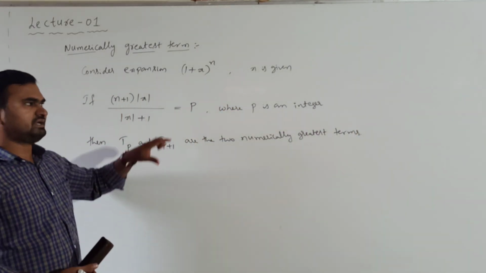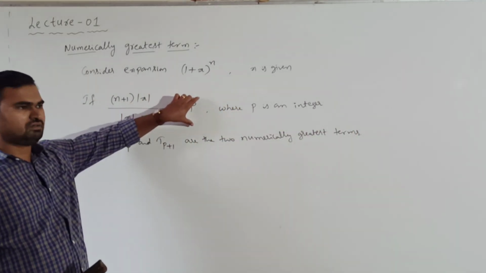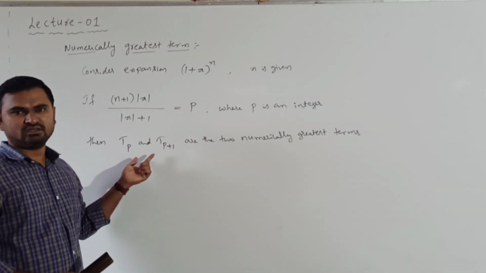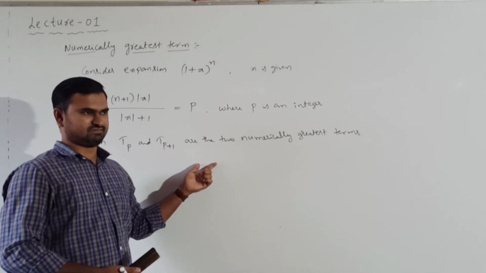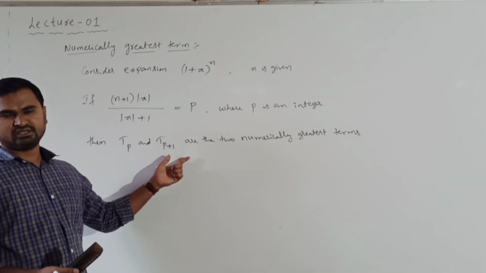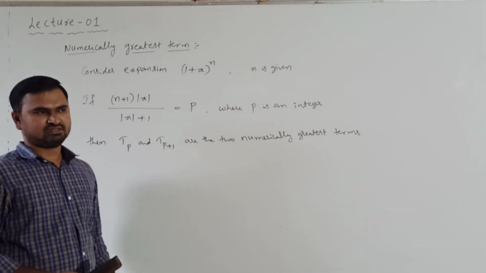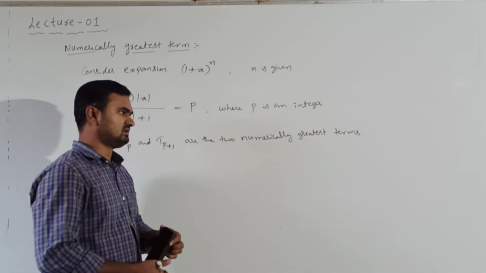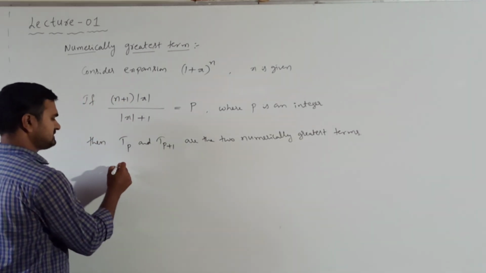Okay, if it is some integer p, then we are getting two numerically greatest terms, that is t_p and t_(p+1). Now two numerically greatest terms means, numerically greatest means it should be the highest. Now there exist two greatest terms means both should be equal. So both these values are equal.